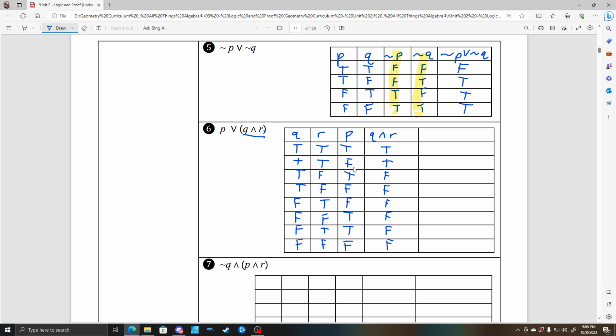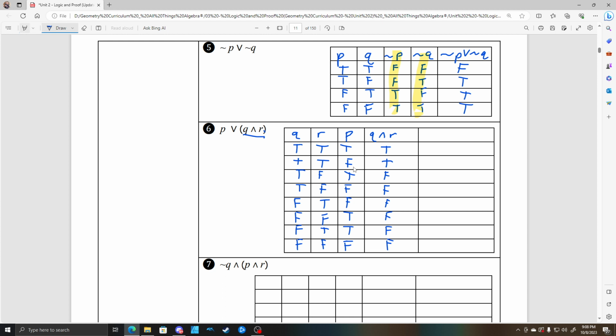So now we've established Q and R. But what we want to know is Q and R or P. So this is Q and R, right? We know that Q and R is true for these statements and false for the rest. And then we know P is true and false based on here.